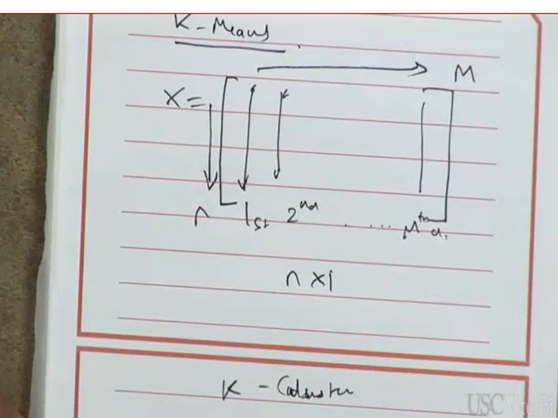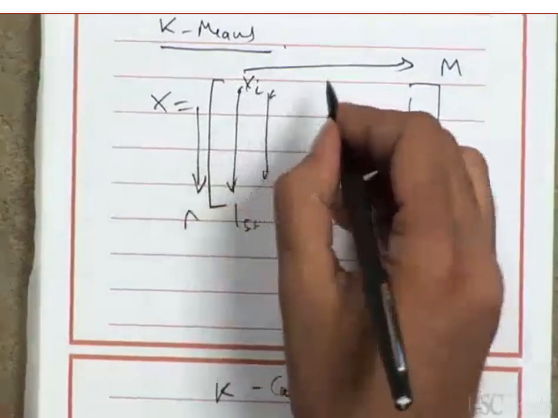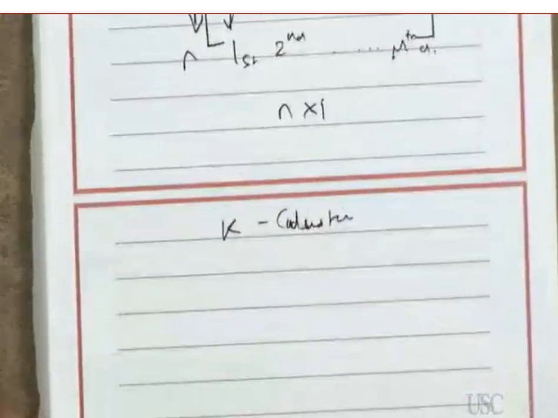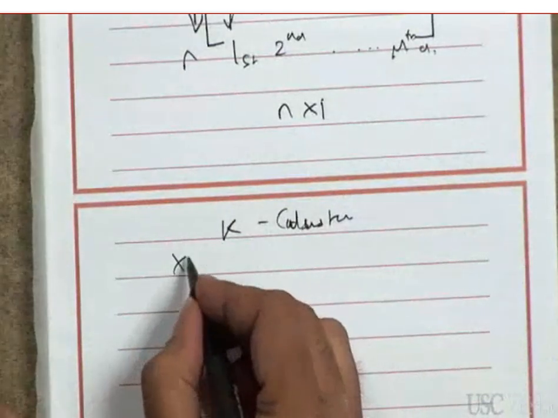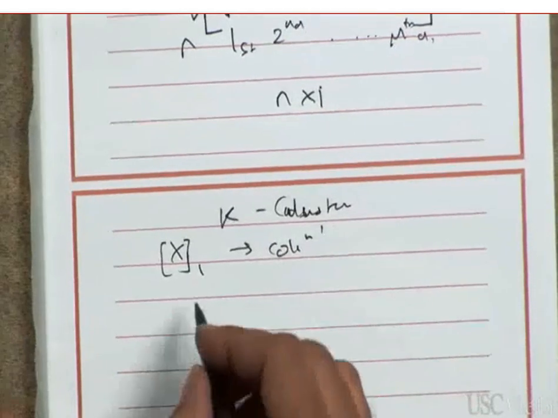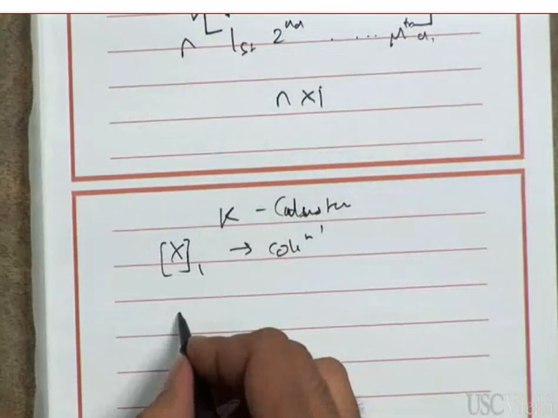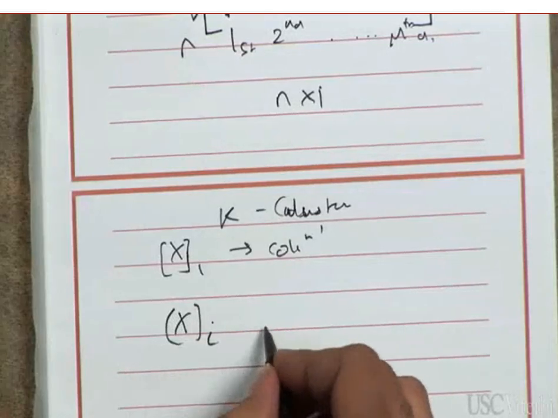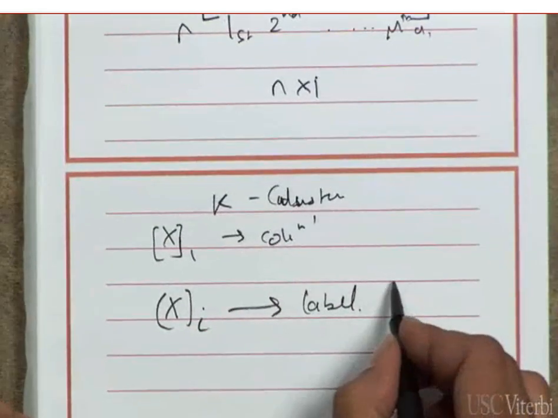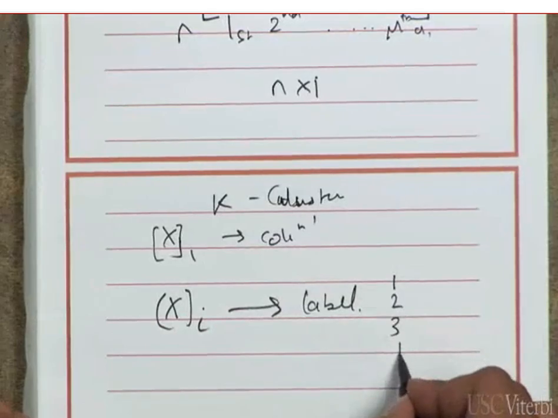Let's call these x1 to xm. So this is like column 1. So basically I have to assign each xi a label, which will be 1, 2, 3, 4 to k. Okay?